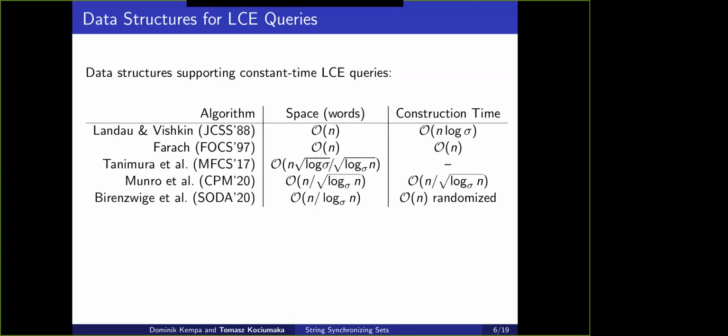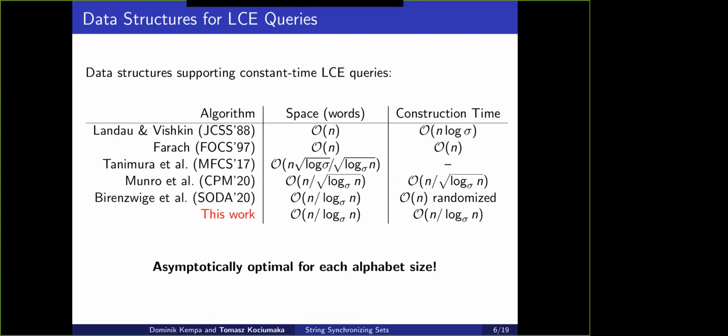And also the work of Birenzwige and Ares, which was the work that Shai was presenting yesterday, also implicitly gives a data structure in this model where the space complexity is optimal, n log sigma bits, or n over log base sigma n machine words, but they focused on a different model, so their construction algorithm is not so efficient. It's linear and randomized only, whereas we would like to hope for something sublinear in n.